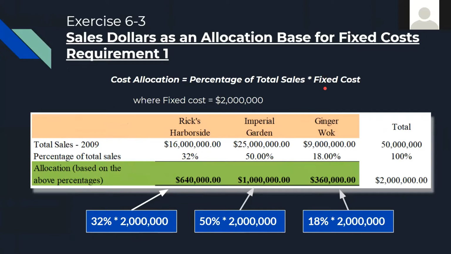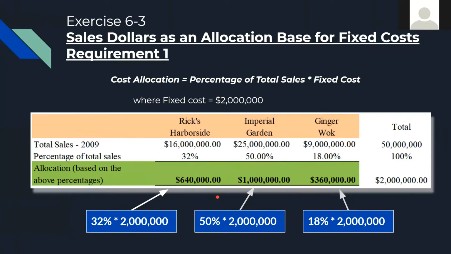To get the requirement number 1, the formula will be the percentage of total sales multiplied by the fixed cost is equal to the cost allocation. As mentioned, fixed cost is already given at 2 million. So you just have to multiply the percentage of total sales times fixed cost.